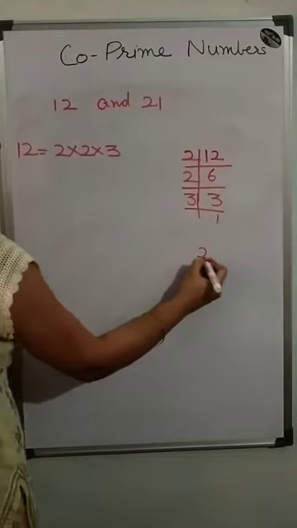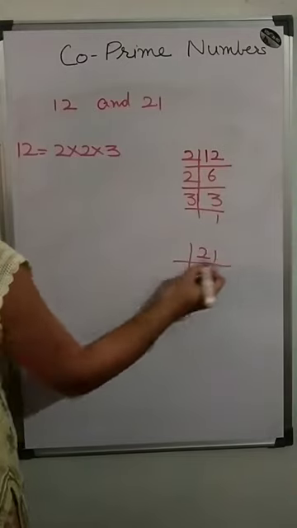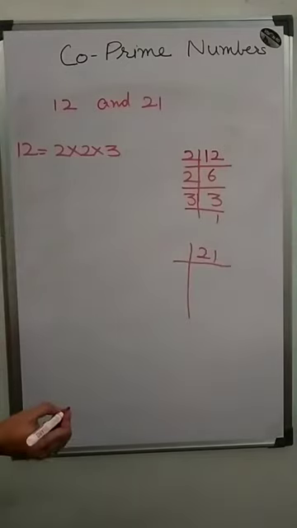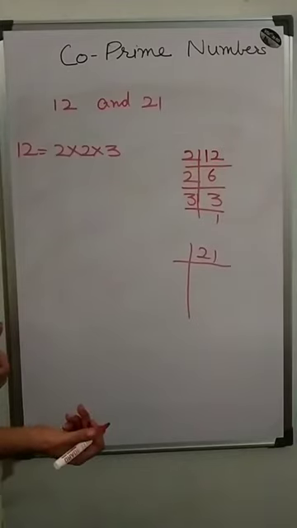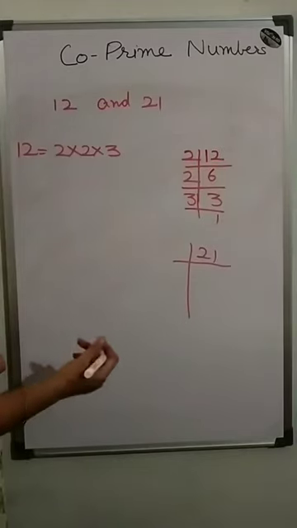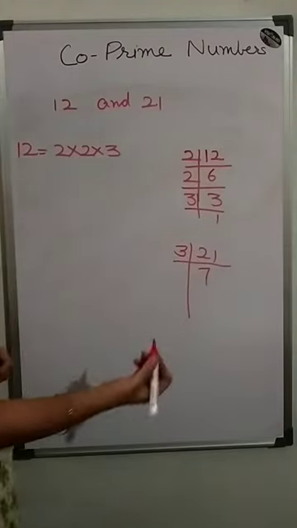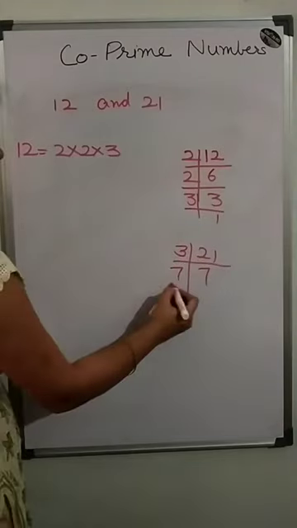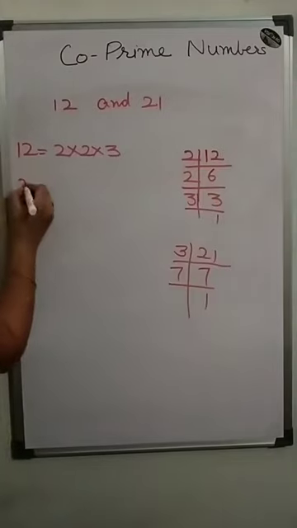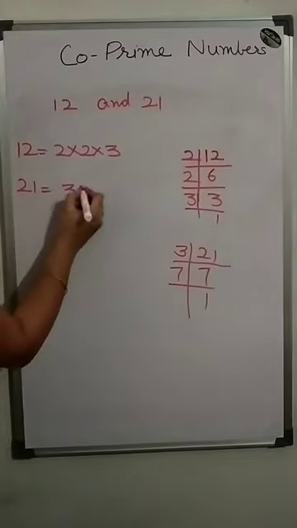Now calculate for 21. 21 is an odd number, so it is not divisible by 2. So we can divide it by 3. 3 sevens are 21, and 7 ones are 7. So we can write 21 is equal to 3 into 7.